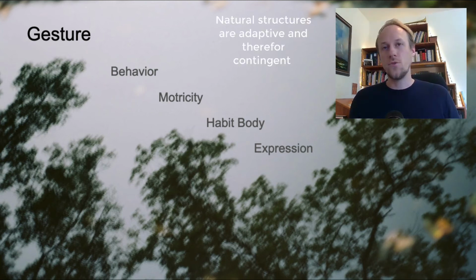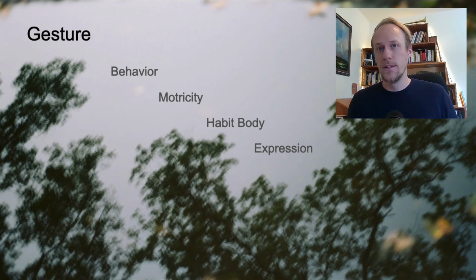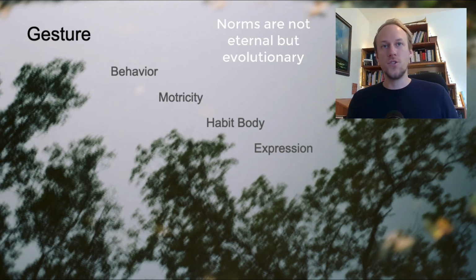So all natural structures are adapted and in a way constructed. They involve norms which evolve and change based on a multiplicity of factors in the process of the evolution of nature.